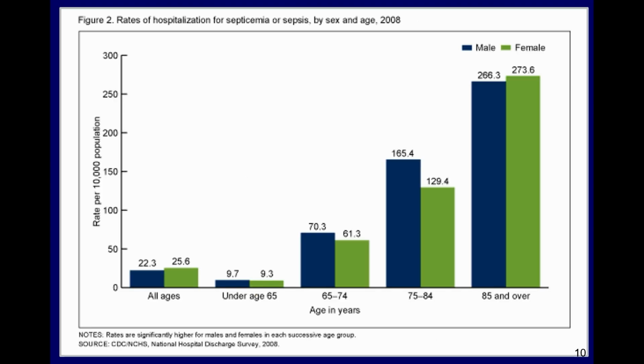Good job. In general, as a person ages, the rates of hospitalization for or with sepsis increase as well. Folks under the age of 65 have a generally lower rate, but 65 seems to be the big threshold for increased predisposition to sepsis. You see from the blue and green bars that there's a pretty equal gender distribution for sepsis in the United States.